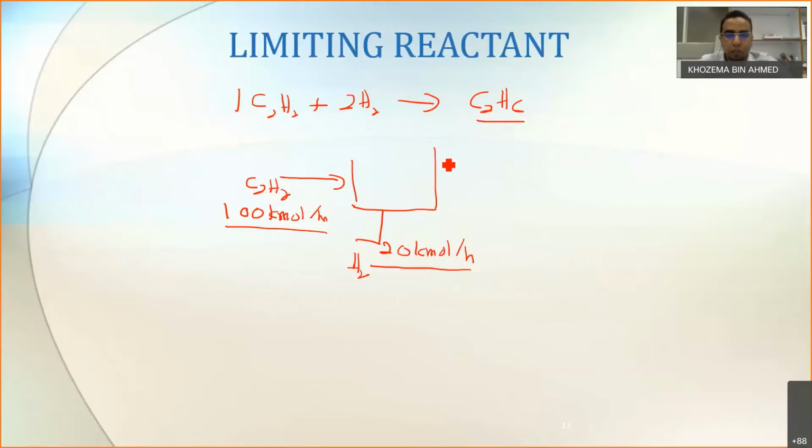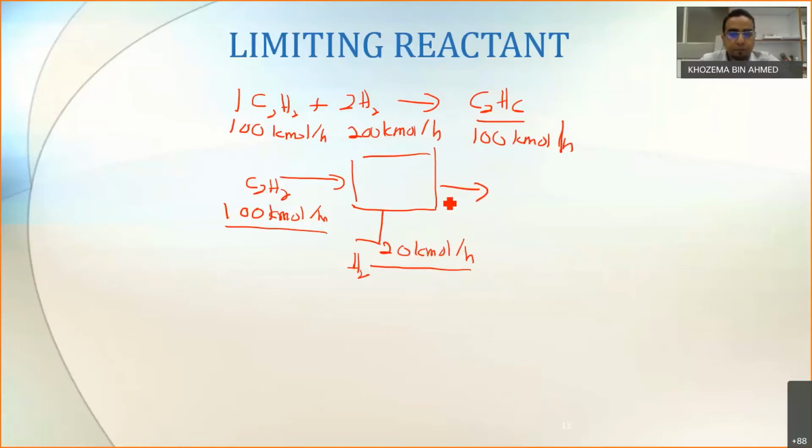So if I have 100 kilomole per hour here, I will need 200 kilomole per hour of H2 in order to get 100 kilomole per hour of C2H6. Now, looking at my flow chart, I have 100 kilomole, but for hydrogen I only have 20 kilomole.